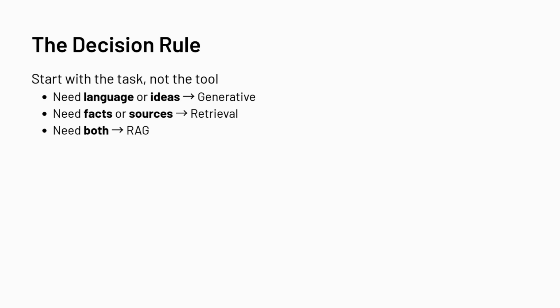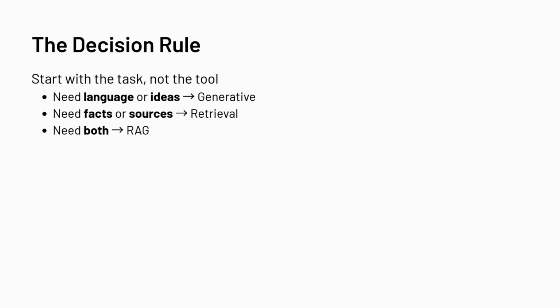People ask a generative tool to behave like a search engine, and it can't. If you need both ideas and accurate information, that's where RAG tools come in. RAG tools combine retrieval with generation. They pull information from real sources first, then help you work with it. This is usually the right choice for research heavy tasks.